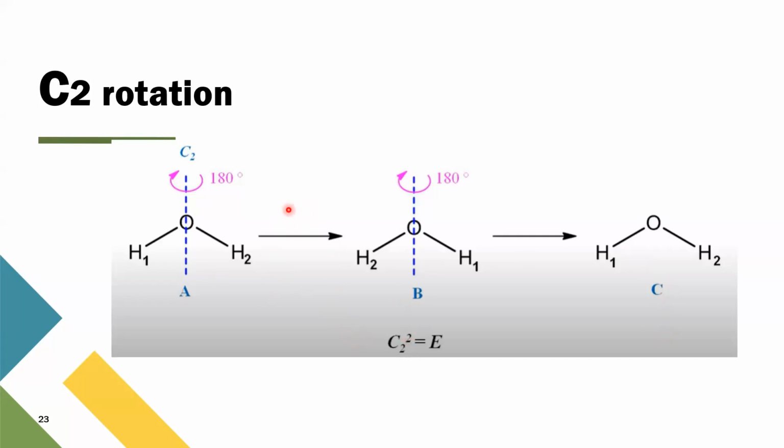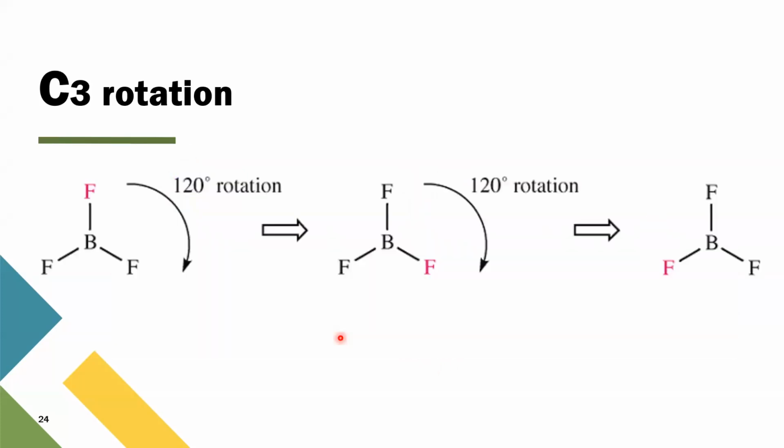This is the first C2 operation and this is the second C2 operation. So after doing two C2 operations, you get an identical configuration. For an identical configuration, we give the symbol identity, E. So two operations of C2 equal the identity symmetry element.